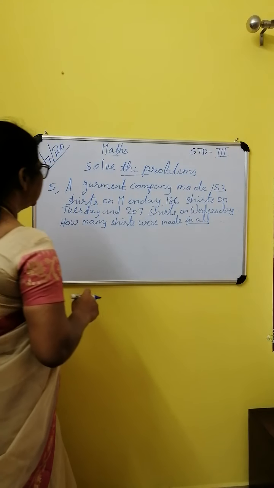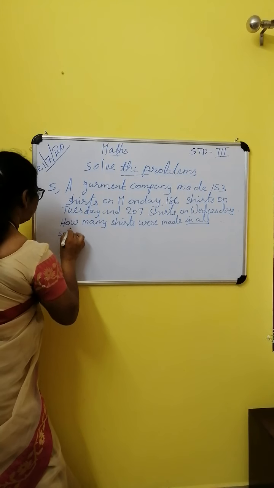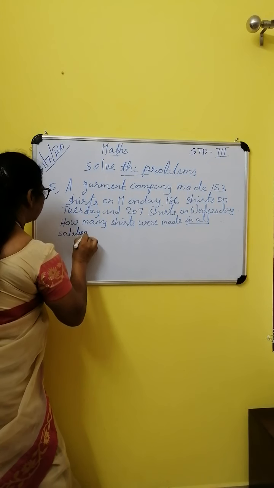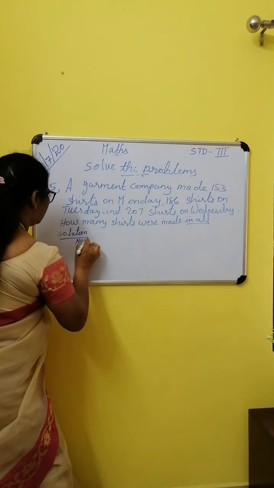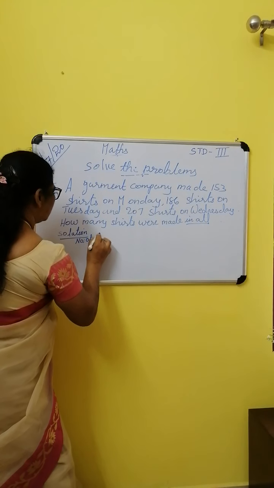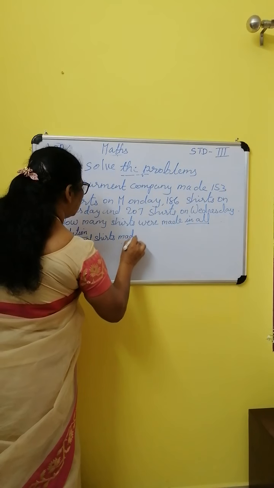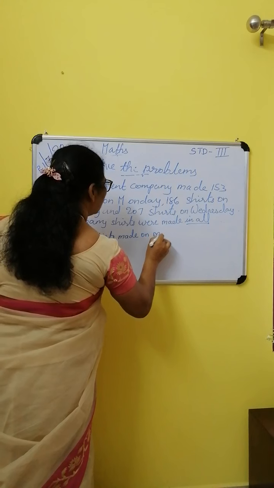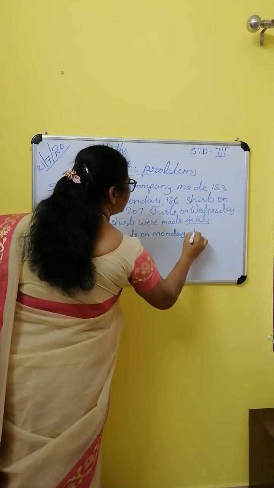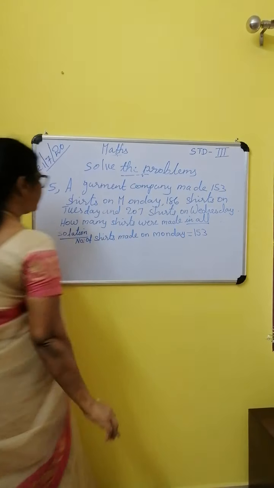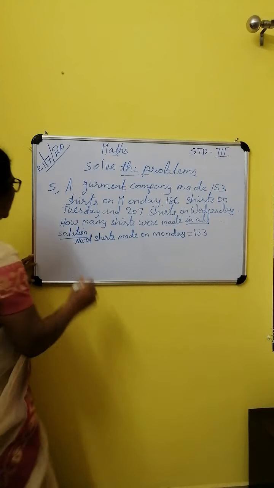So, number of shirts made on Monday. Solution. How many? 153. Then number of shirts made on Tuesday.